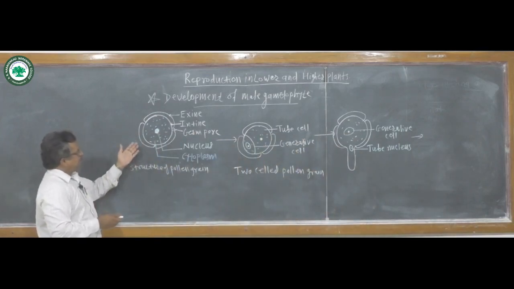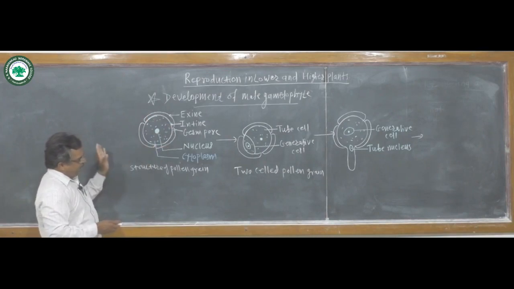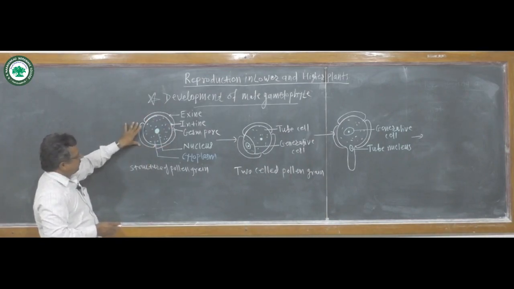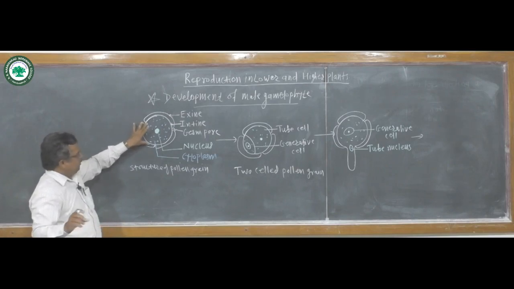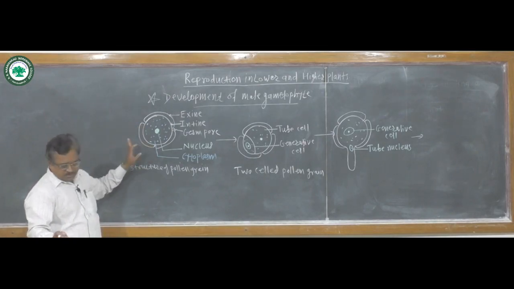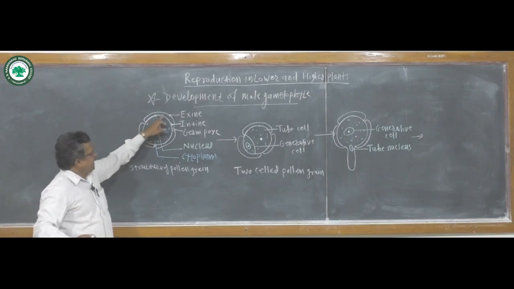Then again, the structure of the pollen grain. Each pollen grain is unicellular, uninucleated, microscopic. It has 3 germ pores, then exine and intine.